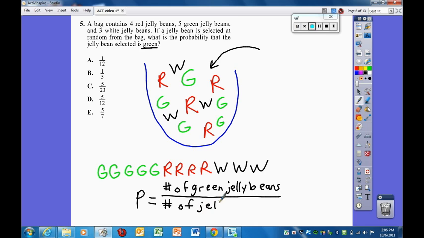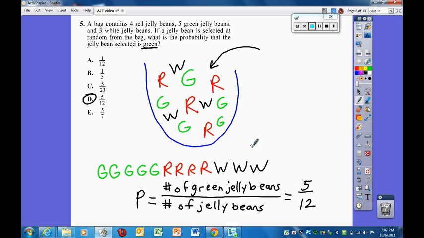Okay, so that's one way to think about it. If you were to just go ahead and pull everything out of the bag, your probability is, well, I have 5 green jelly beans out of a total of 1, 2, 3, 4, 5, 6, 7, 8, 9, 10, 11, 12 jelly beans. Okay, so 5/12 gives you your result.